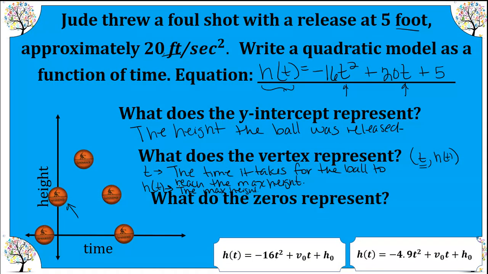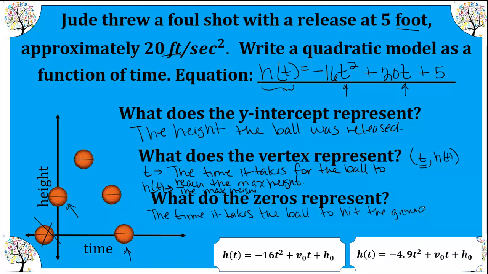The zeros represent, so again, our first zero is irrelevant. Our second zero represents the time it takes the ball to hit the ground.